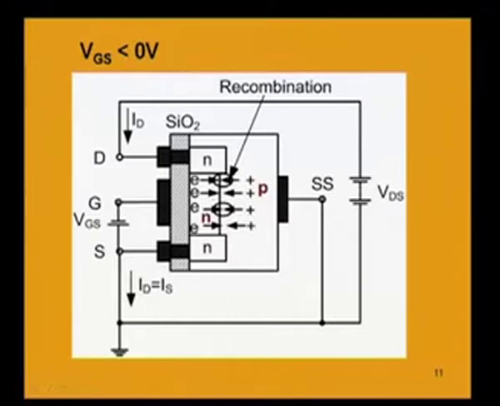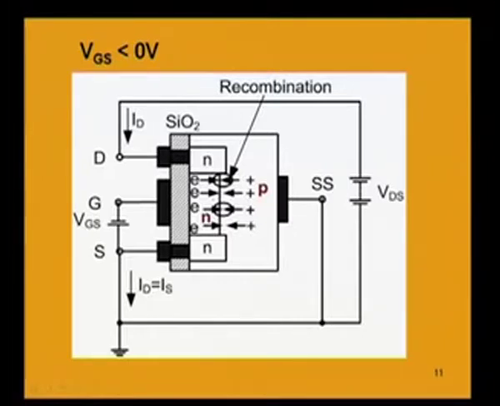That particular gate to source voltage at which the drain to source current becomes 0, because there is complete depletion of the electrons in the channel, is called the threshold voltage. And here the threshold voltage is negative.